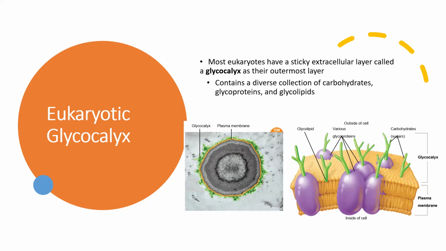Keep in mind that glycoproteins and glycolipids are proteins and lipids that are modified with sugars. That's where the name glycocalyx comes from. It has a function similar to that of prokaryotes. It's going to help with adhesion and cell-to-cell contact, stuff along those lines.